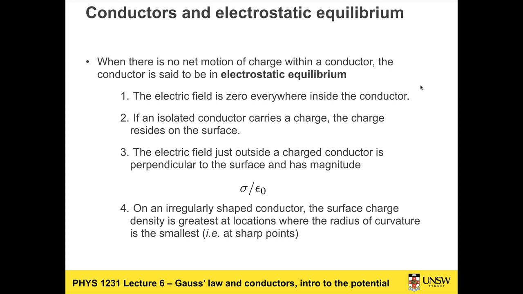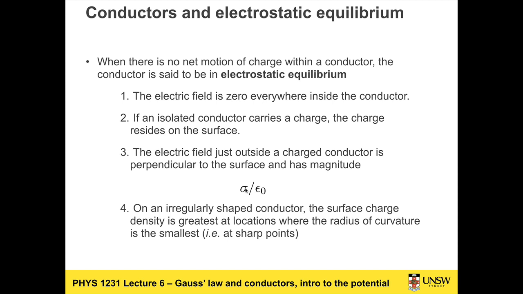We discussed this at length in Physics 1B if you want to go back and look at your notes for that. And as I said, we showed in a number of ways that the electric field just outside a charged conductor is perpendicular to the surface, and it will have magnitude sigma over epsilon naught, where sigma is the charge density per unit area, a two-dimensional charge density.